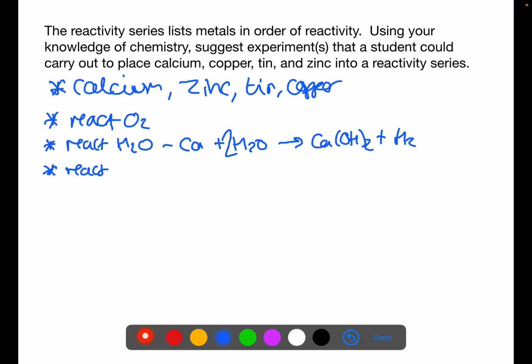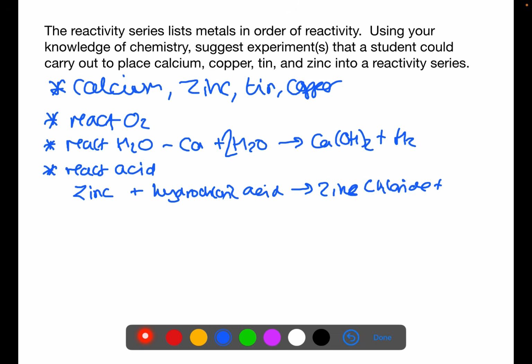And you could also put in react with acid. Okay, and there you're going to have everything from copper upwards is going to react. You could put in what might happen if you were to react something with acid. So for example, if we were to take zinc and hydrochloric acid, then you would get zinc chloride and hydrogen being produced.